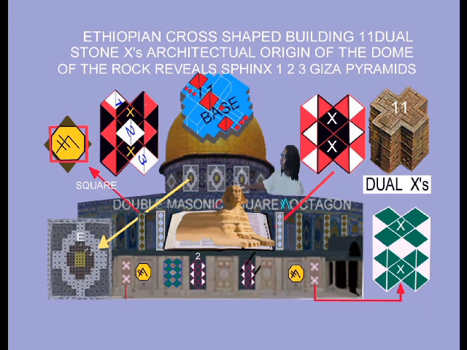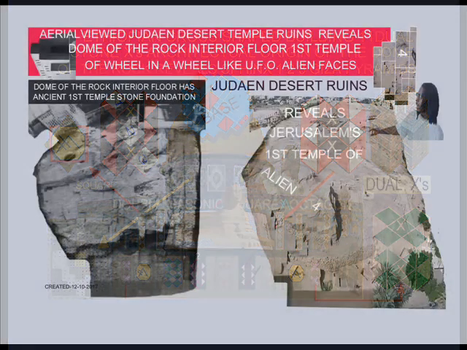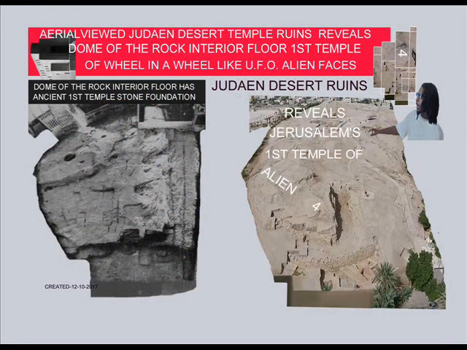In this, on the outer surface of the foundation stone, as seen in the floor area of the octagonal building structure in the Dome of the Rock, which is also called Al-Quds.